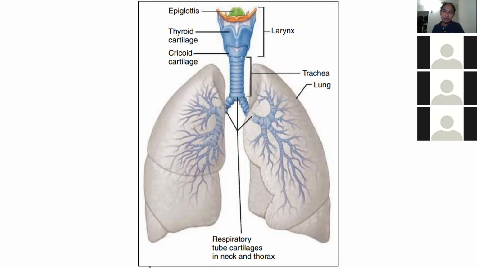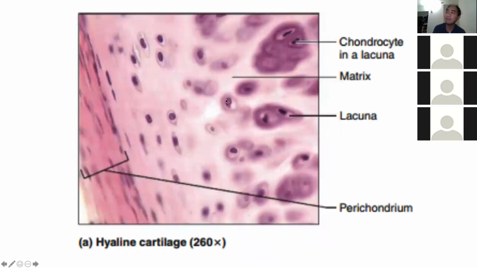It is just like car tires, made of hyaline cartilage rings, one ring after another after another. They are piled together like that. That is the trachea. And trachea is also made of hyaline cartilage. You can see the blue color.